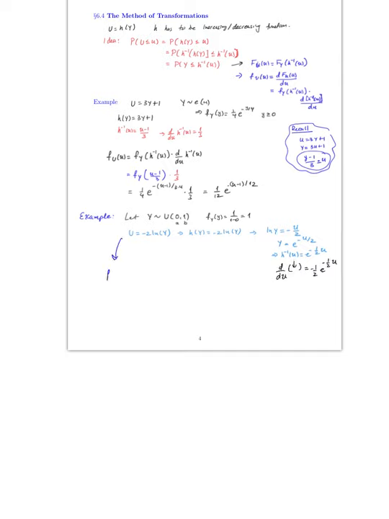Therefore, from here, f of u will be equal to f of y evaluated at h inverse of u times the derivative with respect to u of h inverse of u. Exact same formula we did. And now notice that f of y is equal to 1, so this will just be 1 times this derivative.